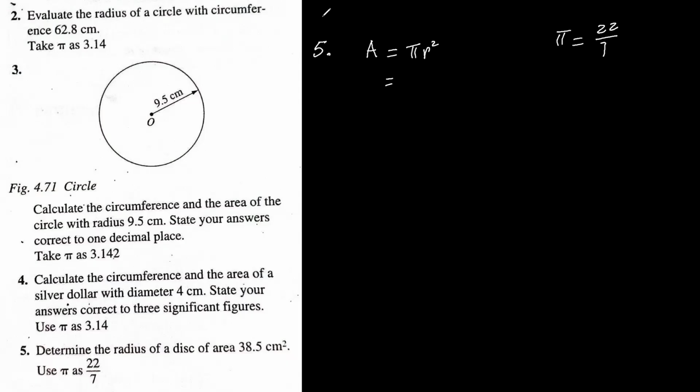What would I get rid of first? What is next to the R? Oh, the pi, so that would be 3.14. Yes, but I have to make R the subject of the formula. So what do I do first?